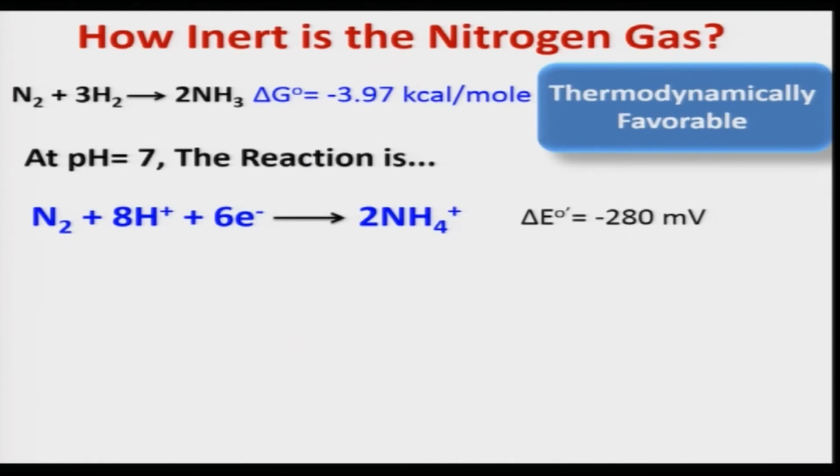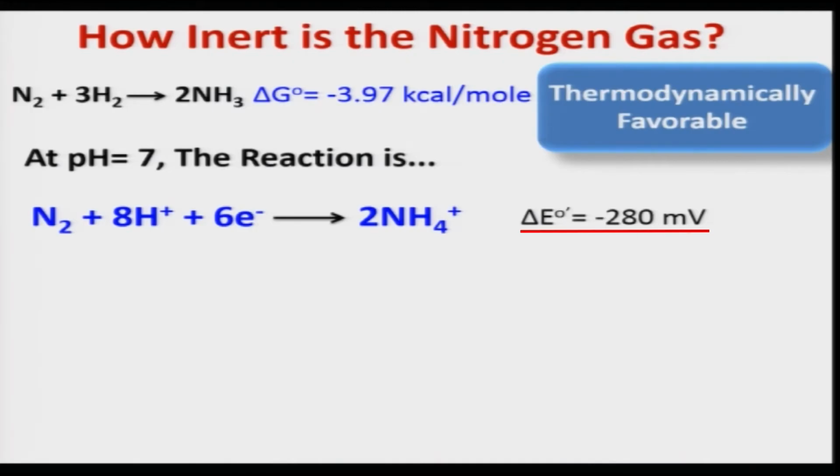However, at pH 7, the reduction, nitrogen plus 8 protons plus 6 electrons giving rise to 2 NH4 plus, the E0 prime, the formal potential, is only minus 280 millivolt. So, this is a feasible reaction in the biological system. This is not too negative.